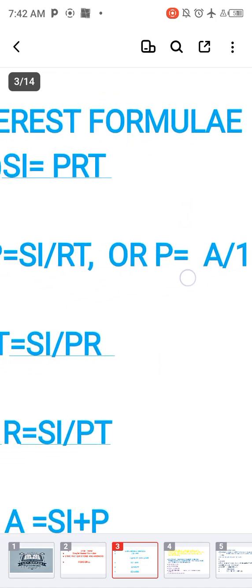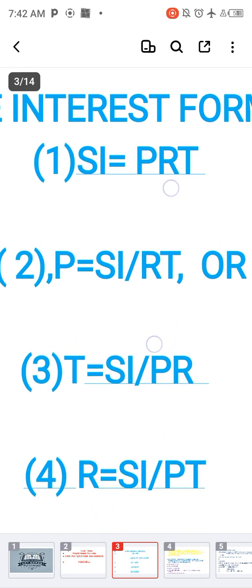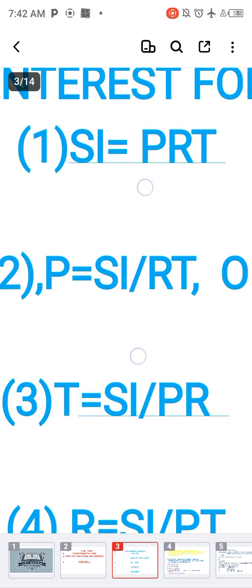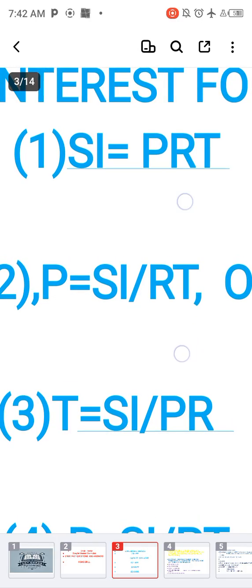Now, the other formula is the one you will use when you are given the interest. If you are given the interest and you are given the rate and time, you use principal is equal to simple interest over rate times time.